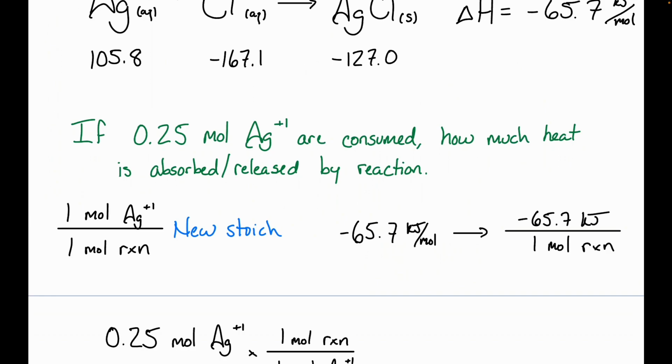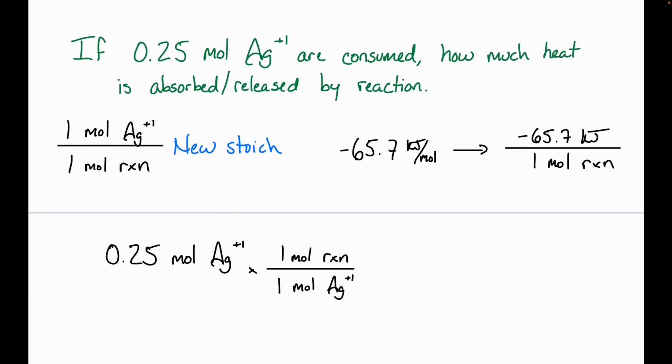All right, so that's how we take that enthalpy information and use it in our stoichiometry. We break up those units of kilojoules and moles. All right, so now I can multiply by that enthalpy, my mole of reaction, negative 65.7 kilojoules of heat.